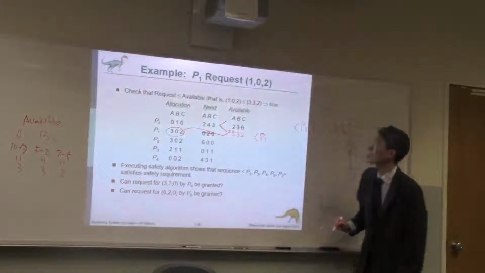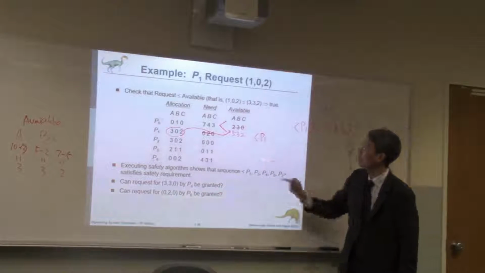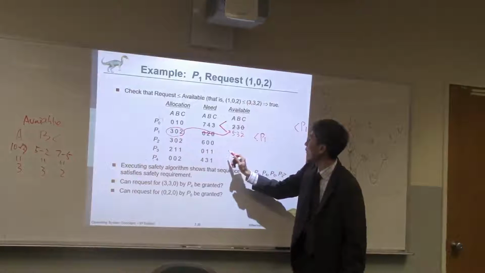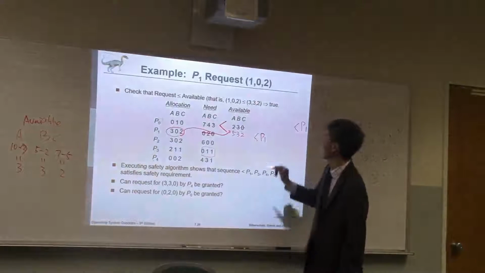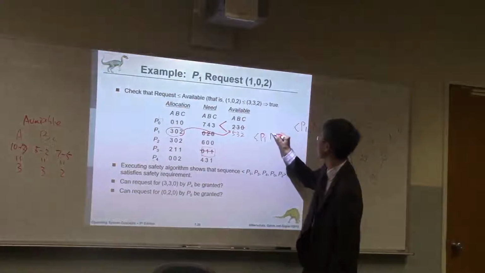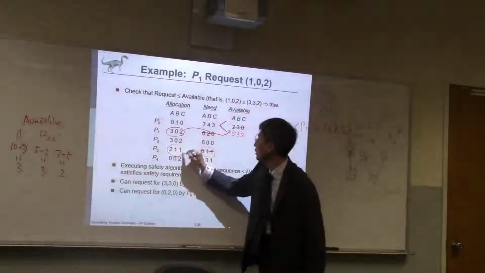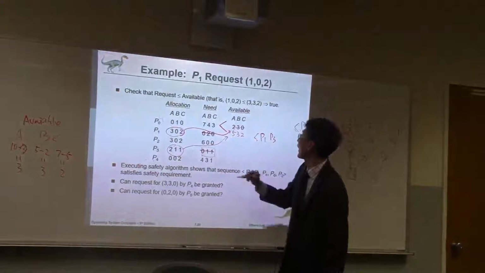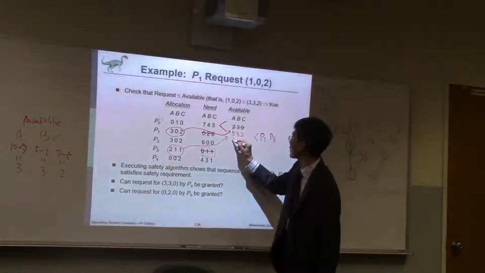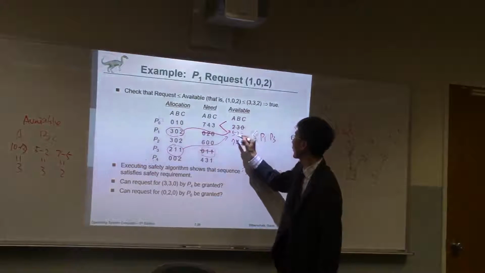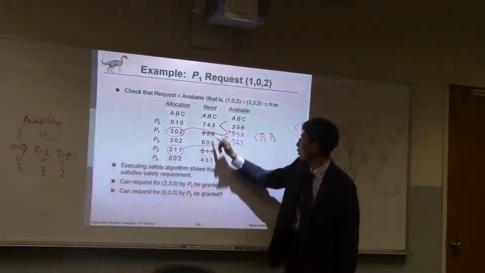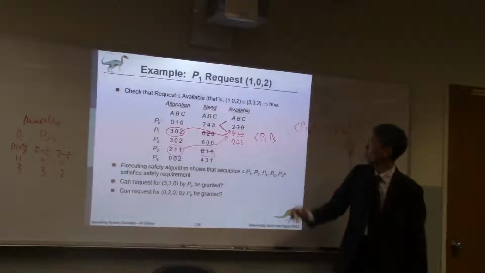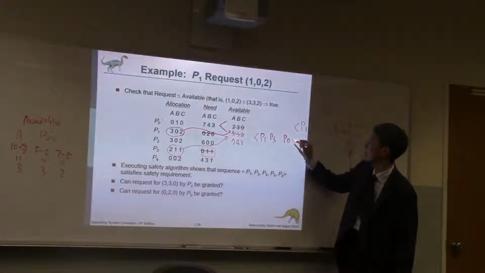Currently available is 5, 3, 2. So which one is less than the available 5, 3, 2? Yes, this one. So P3 will be terminated, and this resource will be added to the available, 7, 4, 3. Then, all of them are less than 7, 4, 3, so we can process P0, P4, and P2.